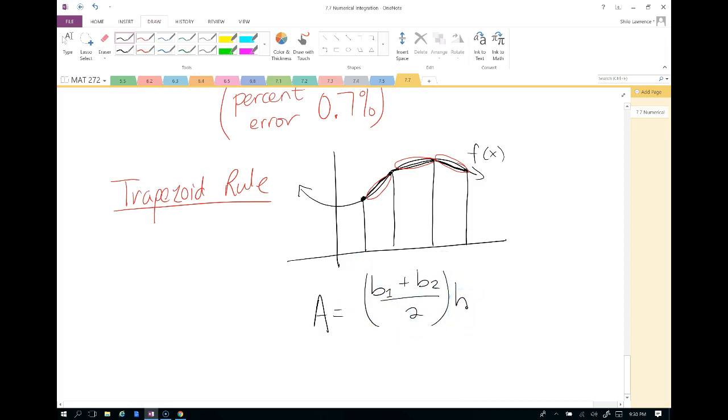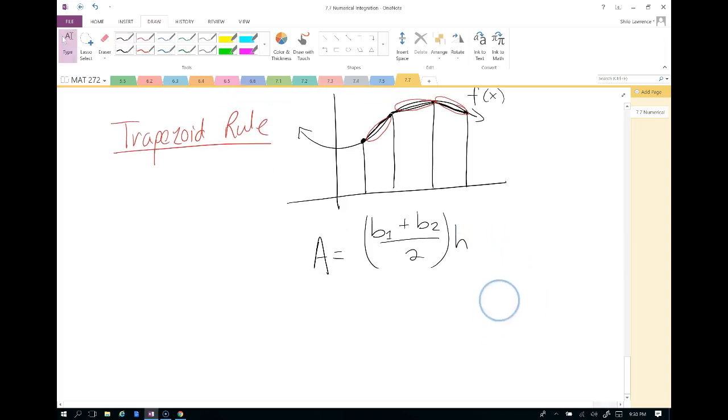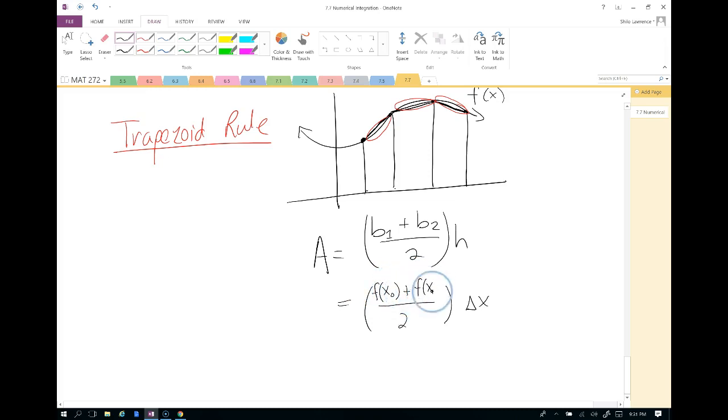Now, in order to think of this thing as a trapezoid, we actually have to turn them and look at them from the side. The height is actually our delta x, and the base 1 and the base 2 are the function values at our endpoints. So we'd have like f of x0 plus f of x1.